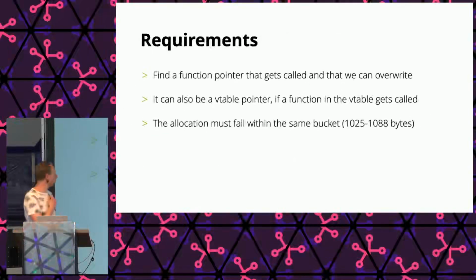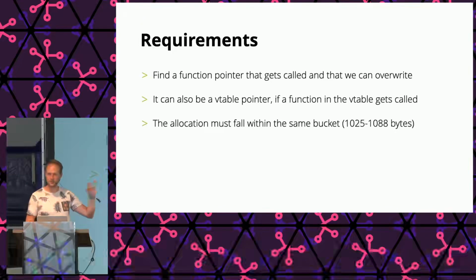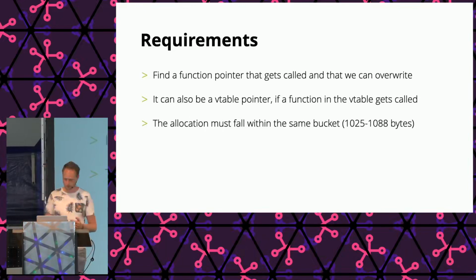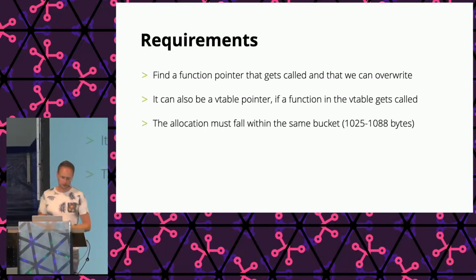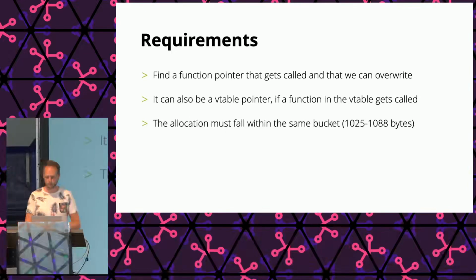So there are a couple of options for this, but the most likely one is to find a function pointer on the heap that we can override. So sometimes on the heap there will be a pointer to a function, and if we could override that pointer and that function pointer would be used, then we could determine which function will get called. The other option is a vtable pointer, whenever a vtable is being used.